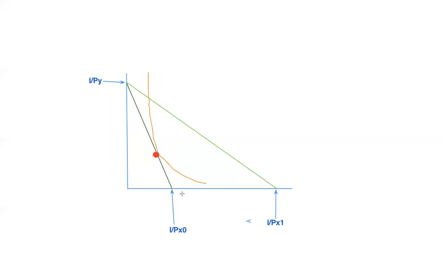That's the point of tangency. I made it really big, but it's okay. And then with the new budget constraint, and I'm just going to draw it arbitrarily, there's this new consumption bundle, and there's going to be a new indifference curve, and it's going to be like that.